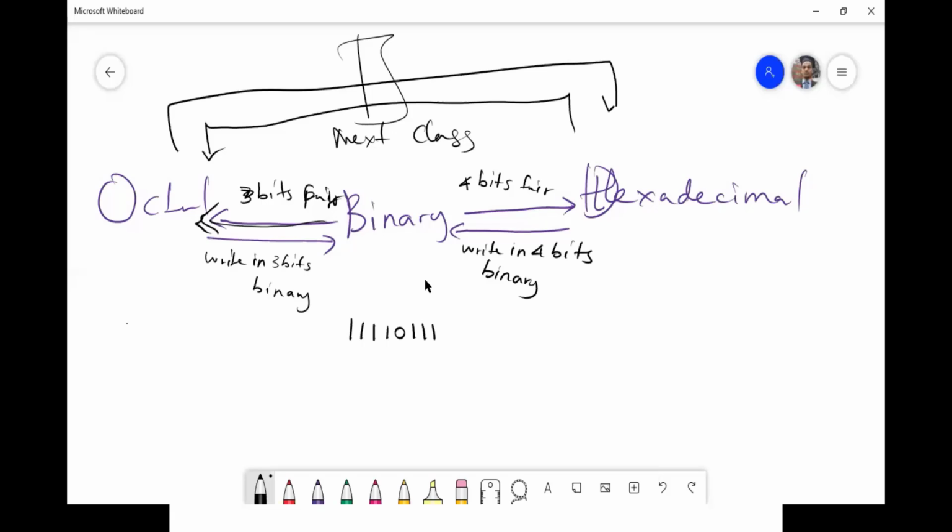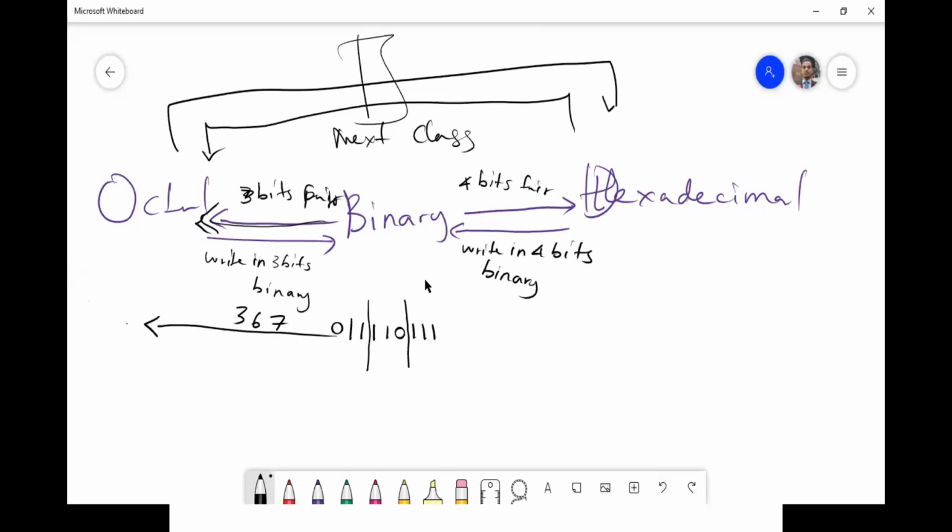If you want to convert this into an octal number, you have to consider it in 3 groups. Now you convert: this is 3, this is 6, this 2 you can put a 0, so 2 1 3, so it is 367.